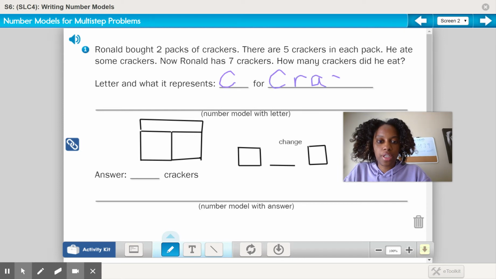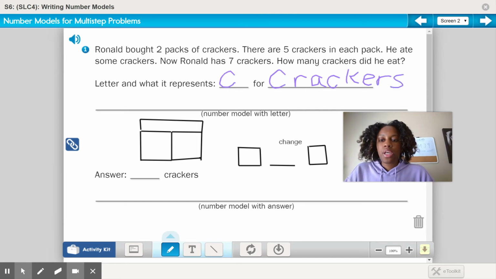Now, like we've done with the previous lessons, we are making a number model using the letter. So we know that Ronald has 2 packs of crackers. So we have this diagram here, a part whole diagram. So we know that in these 2 packs, there are 5 in each pack.